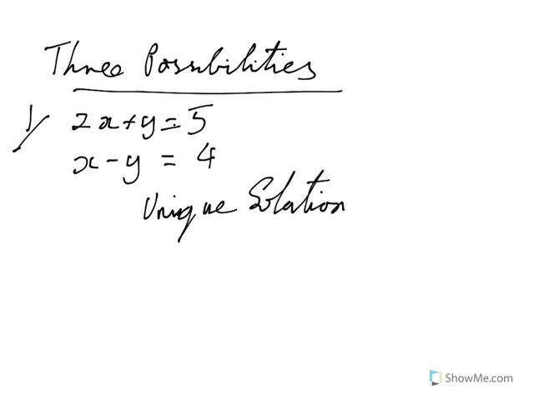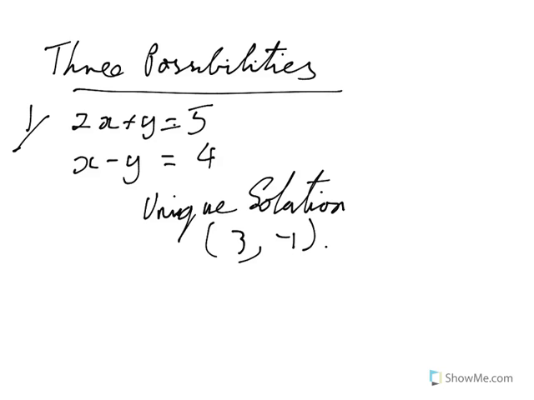So what does that mean? The word unique, don't get thrown by it. All it means is that you get an answer, and you get one answer in this particular case. And the unique solution for this is 3 and -1.